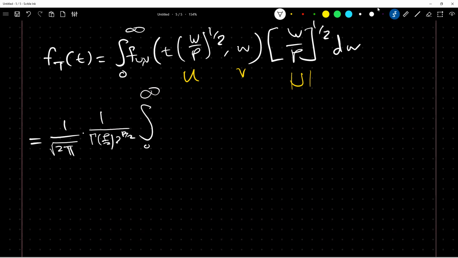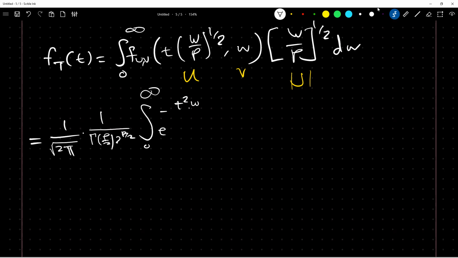And the inside of here, I'm going to replace with these variables that I have. So I'm going to have e to the negative, it's going to look like this. Hold on, let me make sure I write this down right. I'll look at my notes, okay, because I rewrote it a little differently.